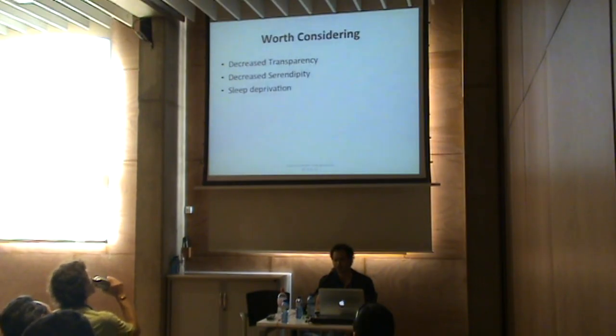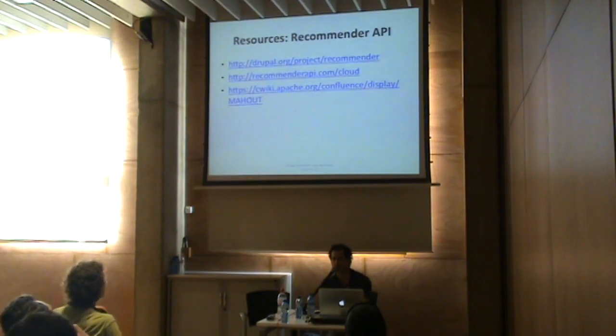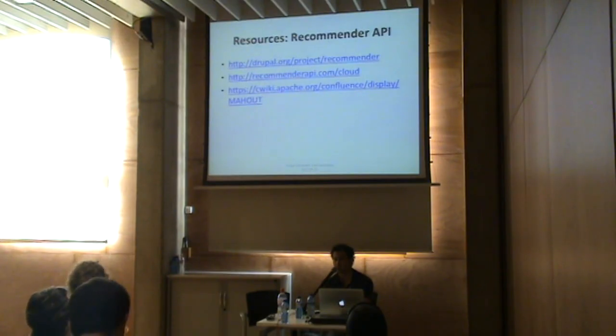So these are the recommender project and the recommender API cloud service links. Here's the link to Mahout, the third one. That's really useful. The documentation is pretty good, especially if you can read through some Java source code. They have good class documentation for most of the item and the user-based recommenders.